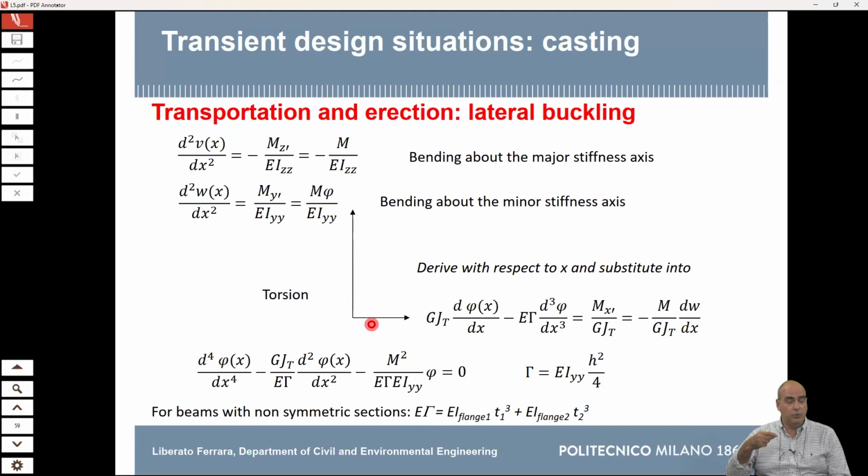So when you go back to what you have seen before, you will have the last equation, which is always the same. The torsion equation is this.